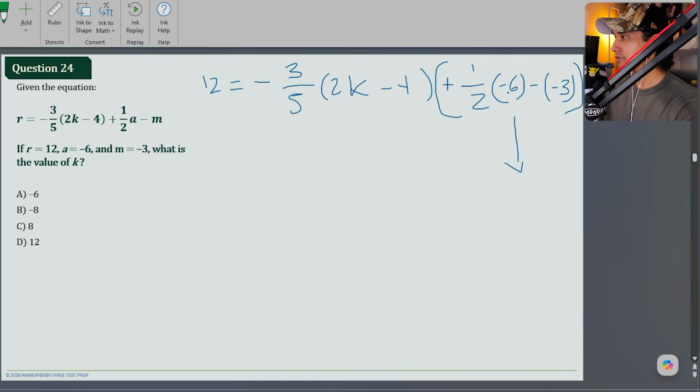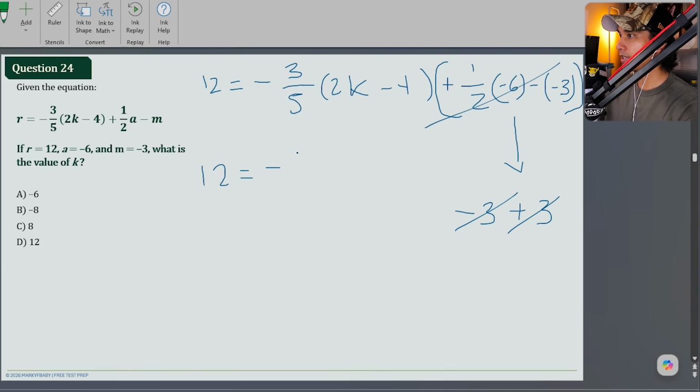So -6 times 1 is -6. Divided by 2 is -3, okay? And then minus -3 is +3, and this will just cancel each other out, and this whole part can just be canceled out. So what we're left with is 12 equals -3/5, right?